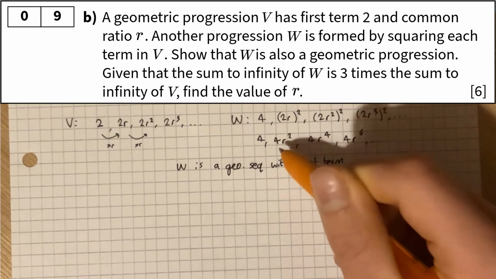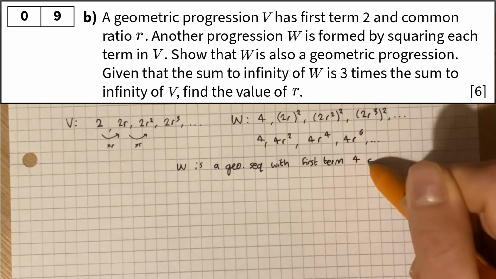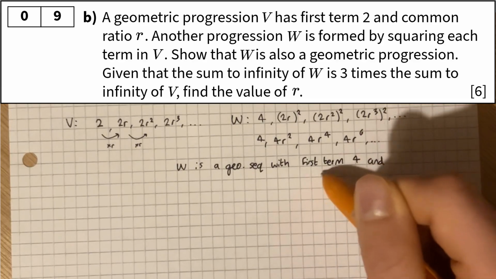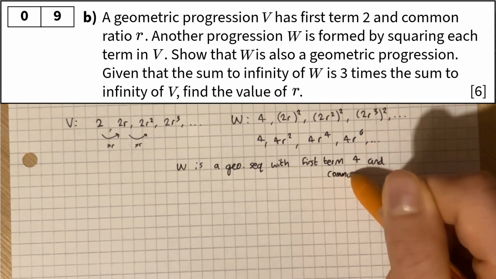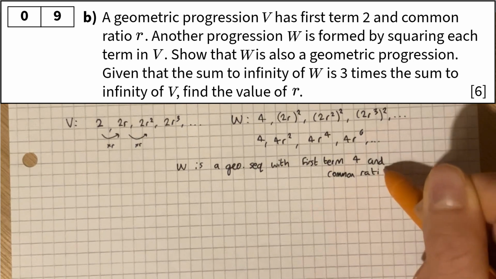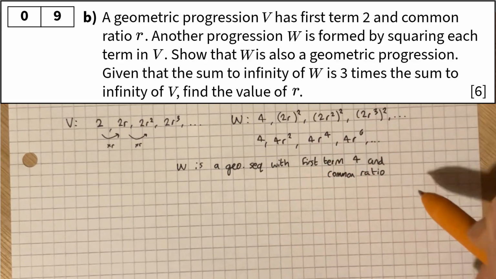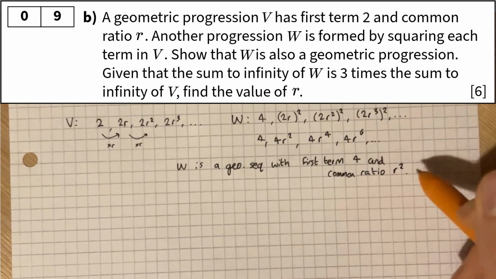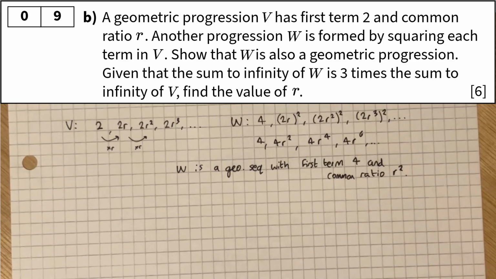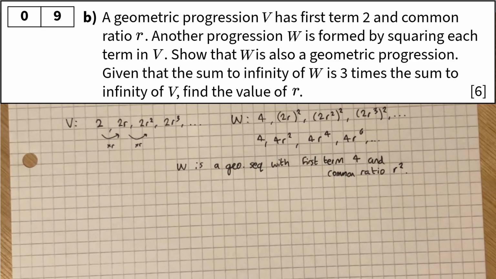That means the common ratio is r squared, which means that it is a geometric progression. If we had to times by r squared and then something different, and then something different again, it wouldn't be a progression, but because it's always r squared, that's what makes it a geometric progression.